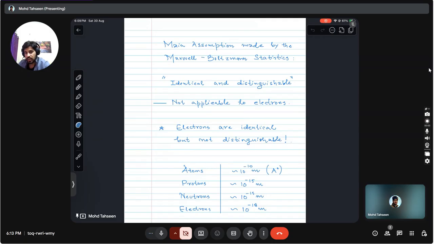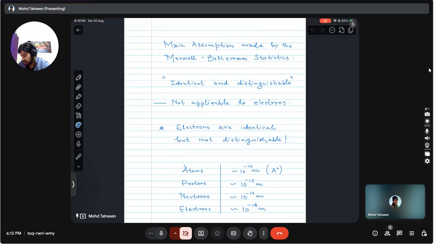This assumption is not applicable when we go to subatomic particles. We will see that these particles are actually identical and indistinguishable from each other. So why does this matter for subatomic particles?